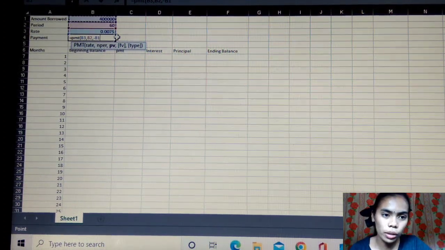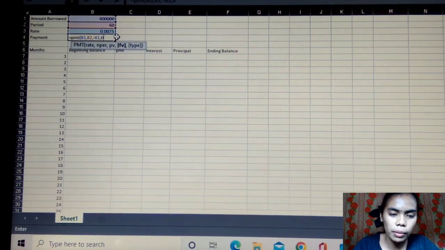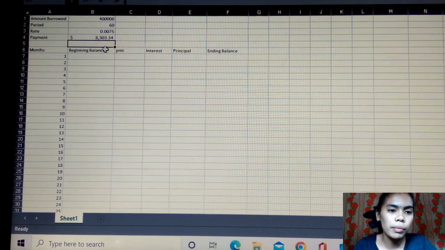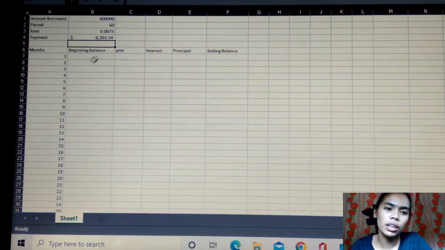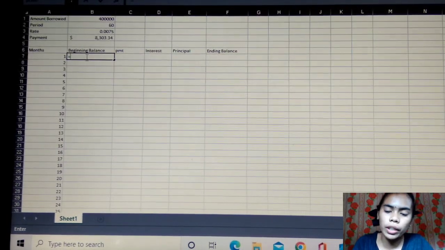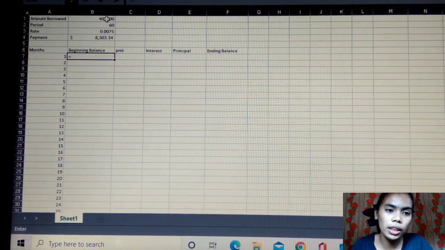After the amount borrowed, put a comma and then 0, then close the parenthesis, and our payment is 8,303.34.